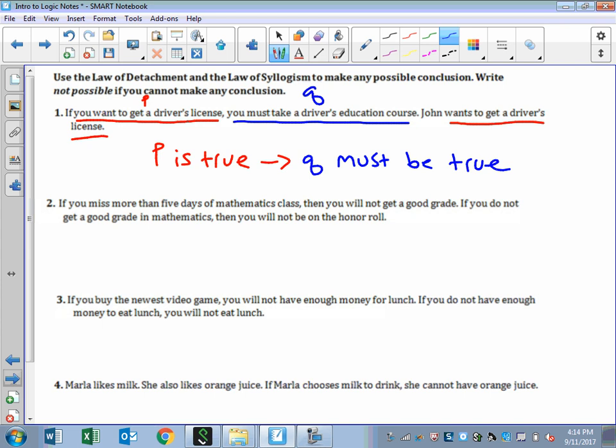So that means that if John wants to get a license, then John must take a driver's education course. Now this is the law of detachment because the hypothesis is true, which means the conclusion must be true.